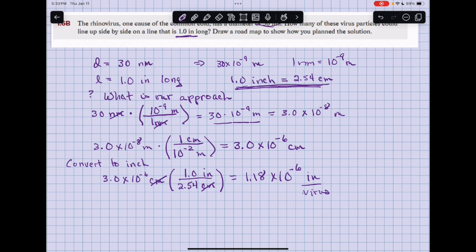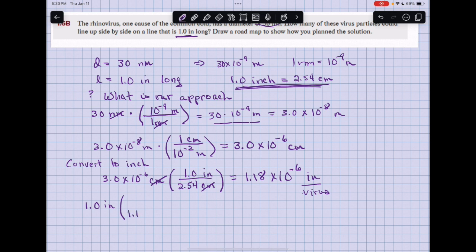So if I want to figure out how many viruses I'm going to get, I'm going to do another unit conversion, which is going to give me viruses. So I know that I've got 1 inch. Okay, so I'm going to start with 1 inch. And now I want to change that to the number of viruses. So what I'm going to do here is recognizing that inches need to cancel out.